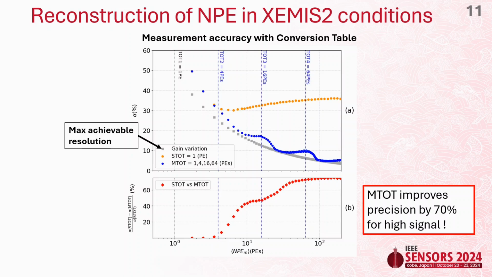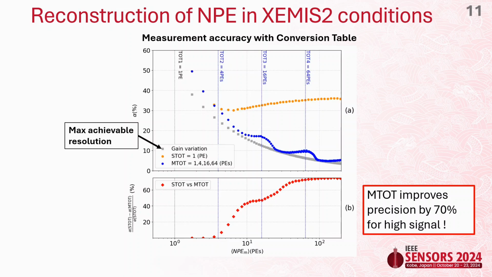Also, it's very important to understand that the variation of PMT charge cannot be eliminated, and the gray curve in this figure represents the maximum resolution achievable. And in this figure, you can clearly see the contribution of each threshold to the measurement of the number of photoelectrons.